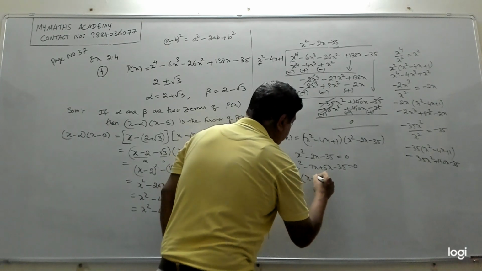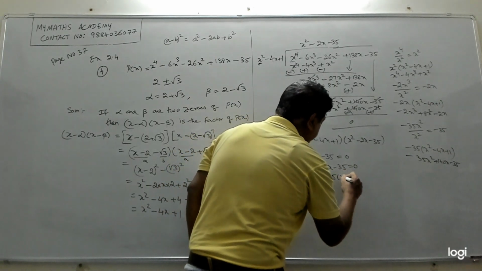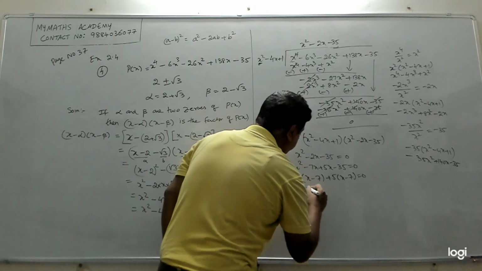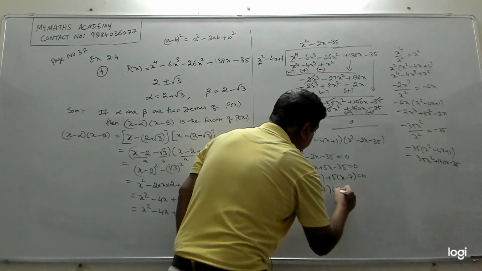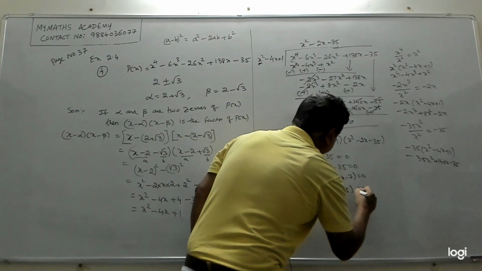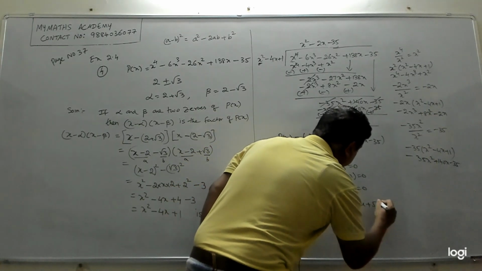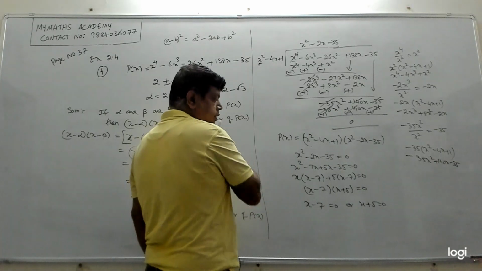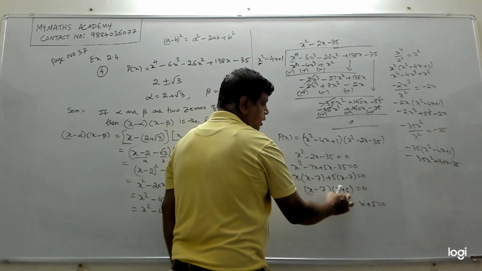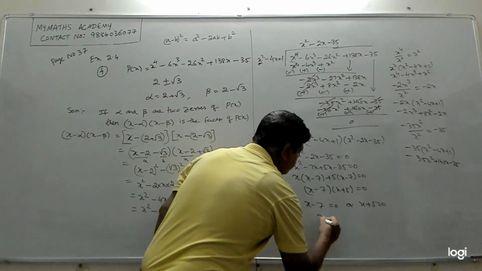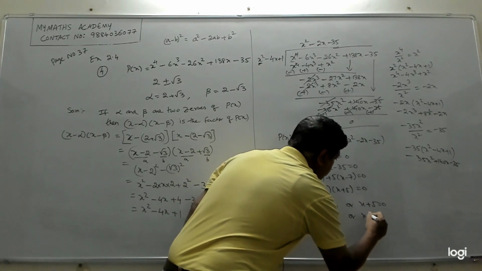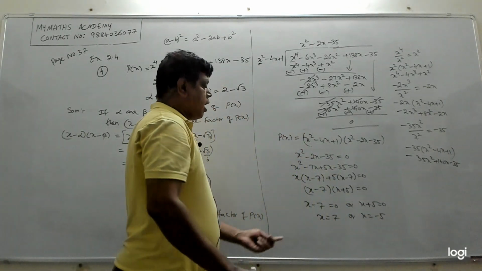So x is common, x minus 7 is common, and x plus 5 equal to 0. Right? Either this x minus 7 is 0 or x plus 5 is 0. So this gives me x is equal to 7 or x is equal to minus 5. So we have found the other two zeros.